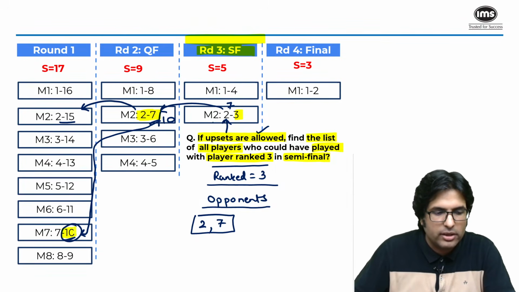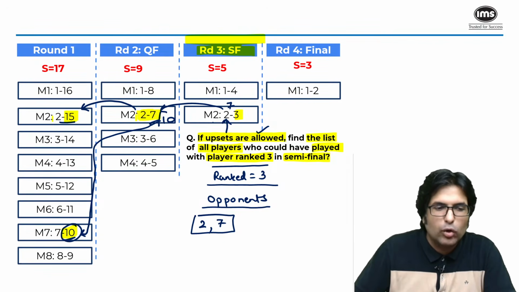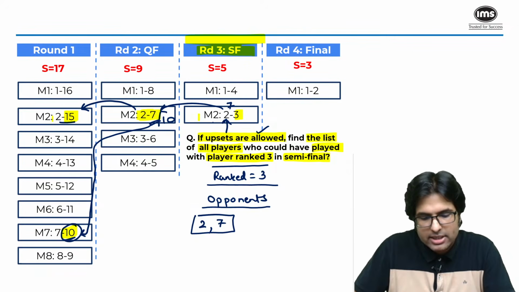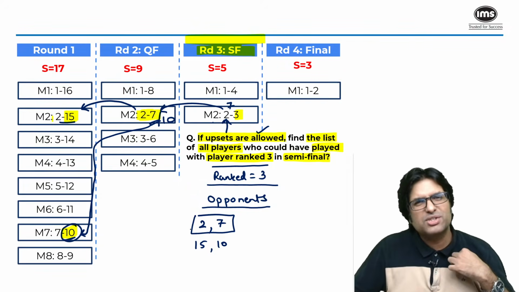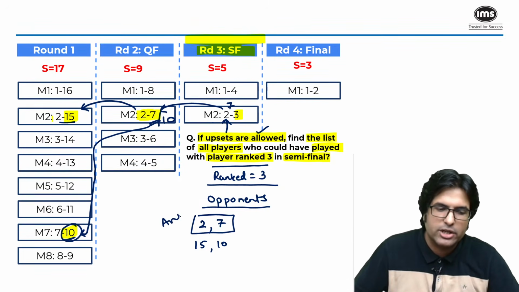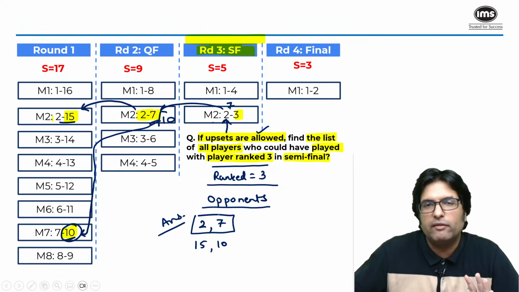I hope all of you are with me on this. And similarly 15 is also a possibility, because if 15 beats player rank 2 in round 1, then 15 would go to round 2 and play against the other people and so on. So the other set of players that we can identify by backtracking are 15 and 10. So for this smaller question, this is our answer. Question done. 2, 7, 15 and 10.